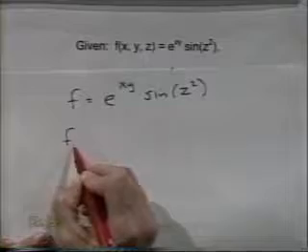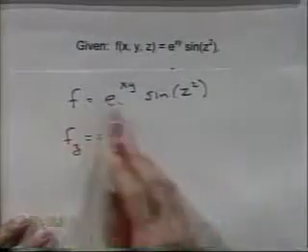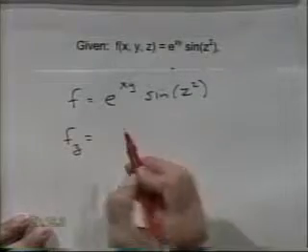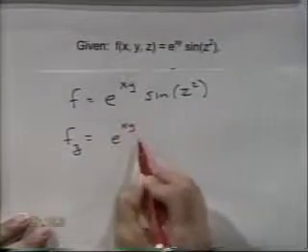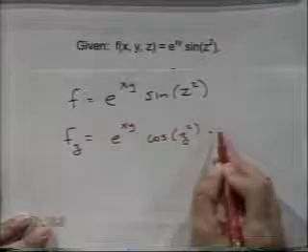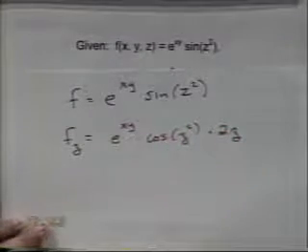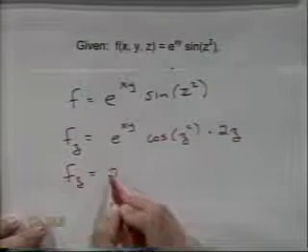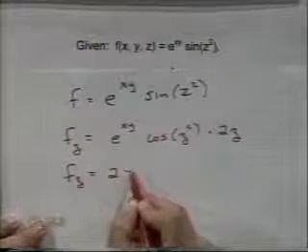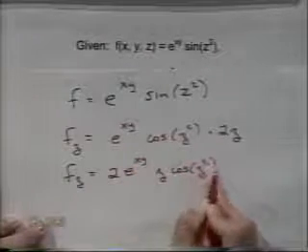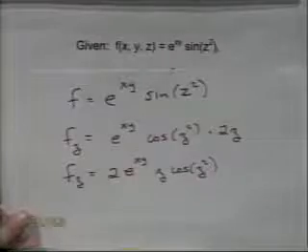So first we have to figure out the partial with respect to z. Well, since I'm differentiating with respect to z, what's this e to the xy? A constant. So I have the constant times the derivative of sine u, which is cosine u times the derivative of u. So my partial with respect to z, I'm going to write as 2 e to the xy z cosine of z squared.